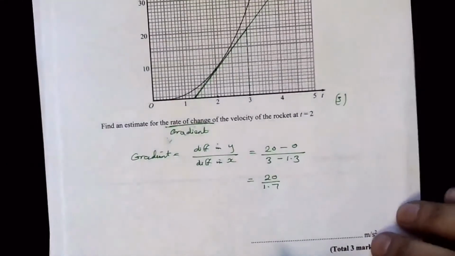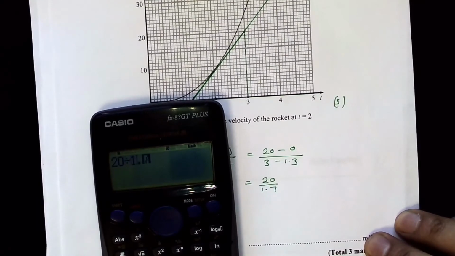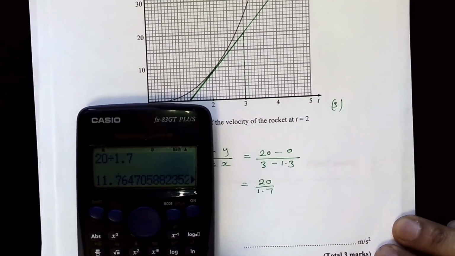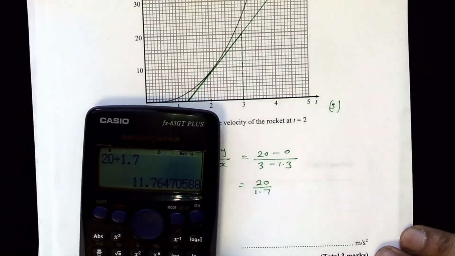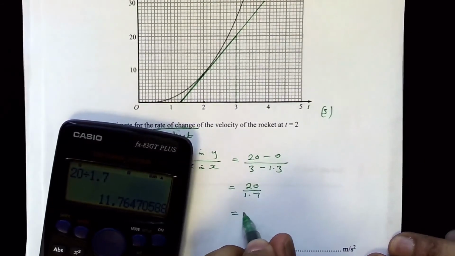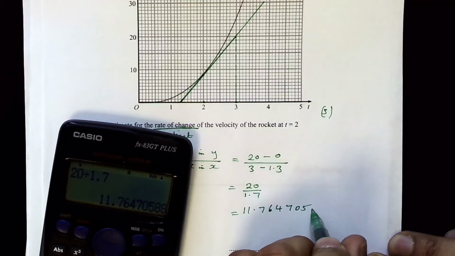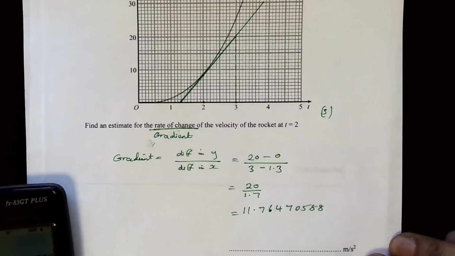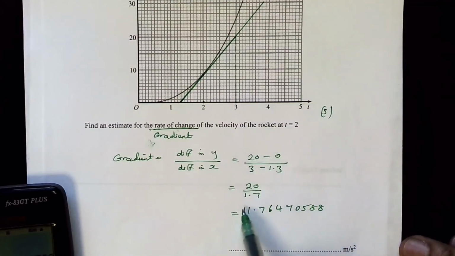And again, use my calculator. 20 divided by 1.7 gives me that value there, which is 200 over 17. And I'm going to write down the full number first, 11.76470588, and I'm going to round this to 1 decimal place, even though the question doesn't say, since I've given them the full answer already.